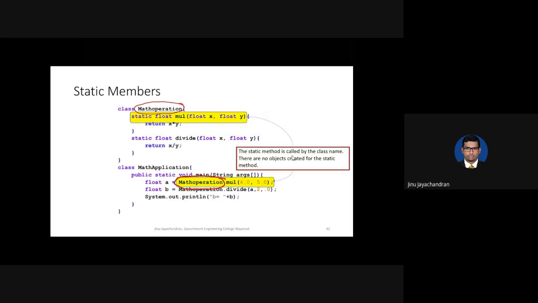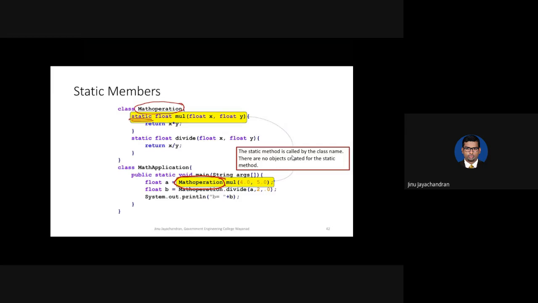I just say class name dot mul. I haven't used any objects. So using the keyword static, you can call the method directly using the class name.